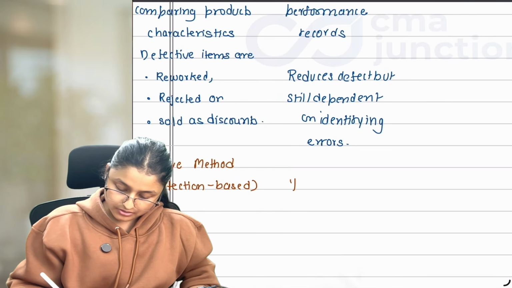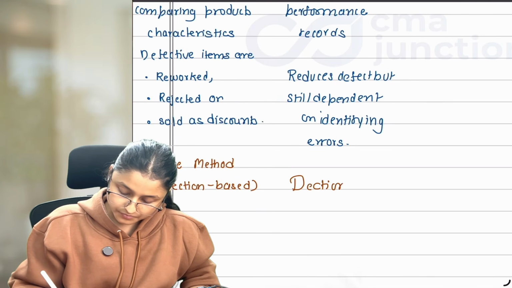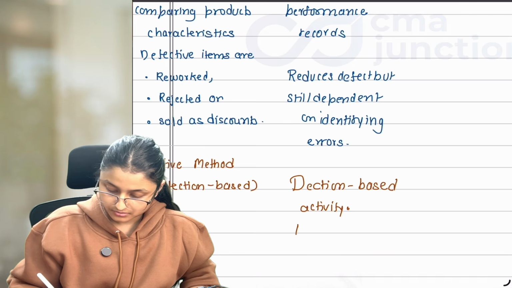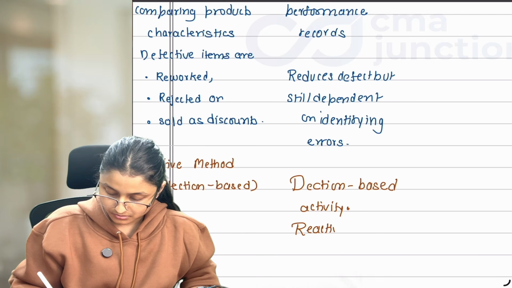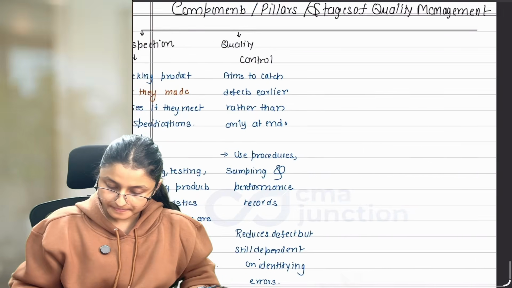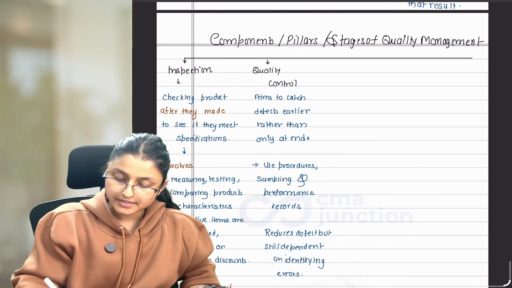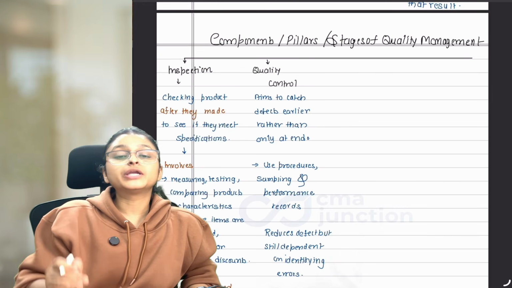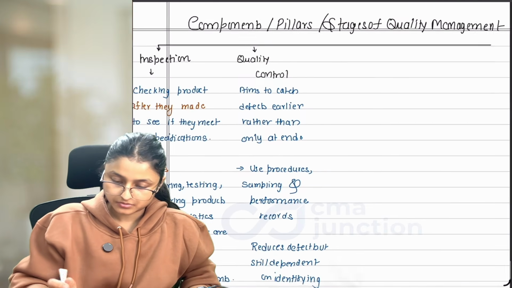And that is why this is also a detection based activity, and it will also be treated as a reactive method. It is just checking after every step, not waiting for the final product to come.